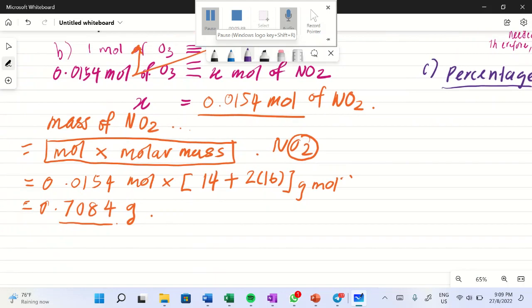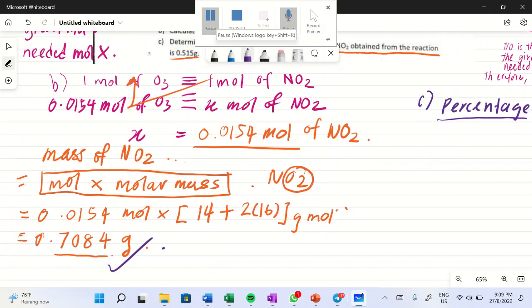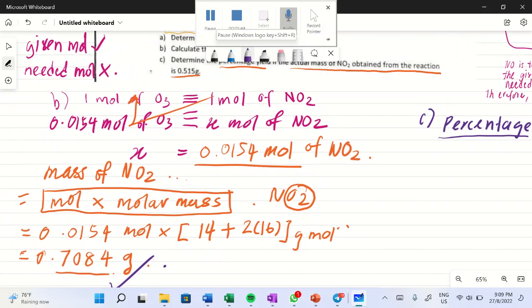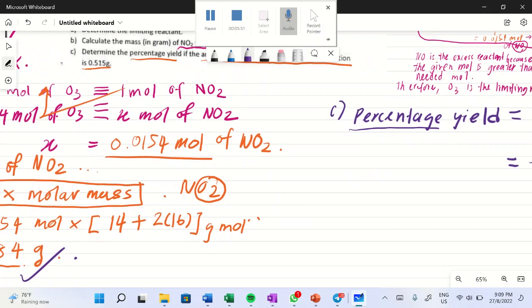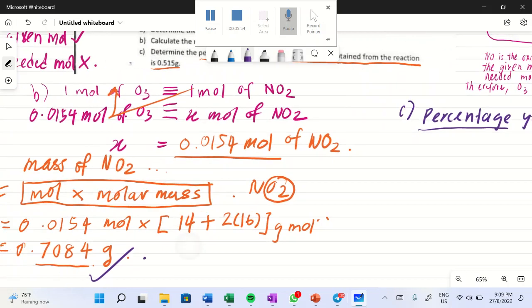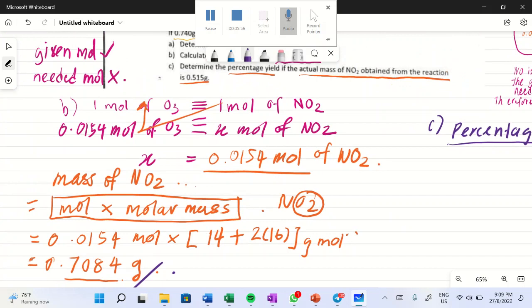We already found it. Again, theoretical yield is a mass, and in simple words we compare with the limiting reactant. So like this, I compare NO2 with the limiting reactant.